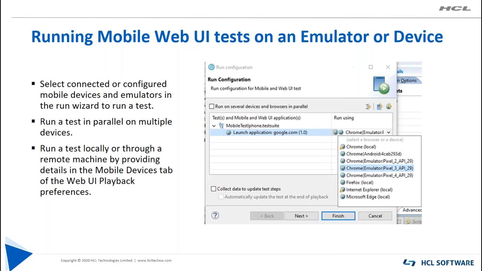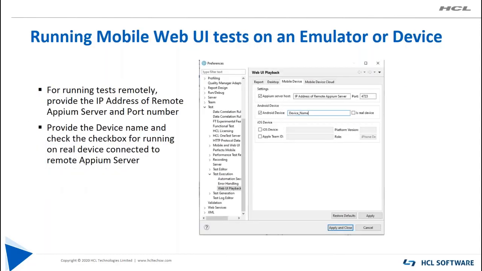We can run the tests in parallel on multiple devices. We can run the tests locally on the test machine, or else we can run the tests on remote devices which are connected to the remote desktop as well. If we want to run the tests remotely, then provide the IP address of the remote Appium server.